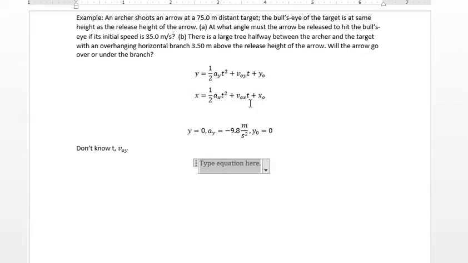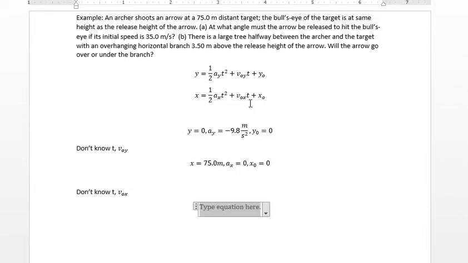As far as x goes, well, we know the final x, that's 75.0 meters, right? We know that the acceleration in x is 0 because there's nothing affecting in that direction. We know the initial x position, that's 0. Again, in this equation we don't know t, and we don't really know v naught x. But there's a relationship between v naught x and v naught y.